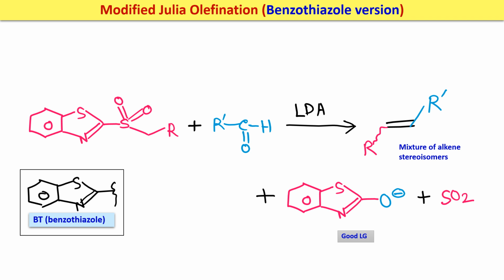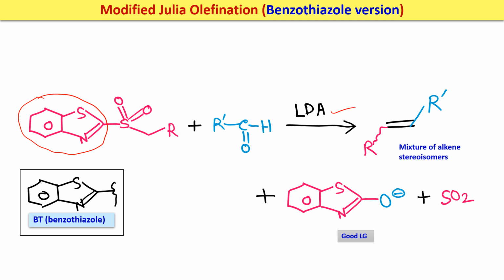Modified Julia. So what is the difference with the previous version? In this case you will see, instead of using Ph we are using BT or benzothiazole. Now in this case we are using this type of base, LDA, and there are further two steps. Remember the O acylation, that is the esterification step, and the reductive elimination step, that is not present.